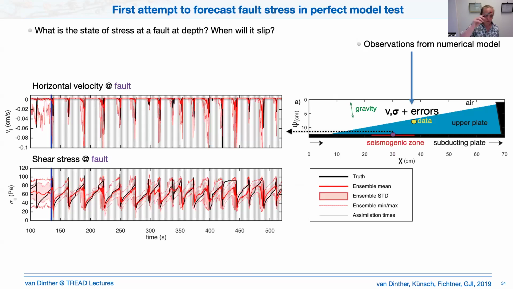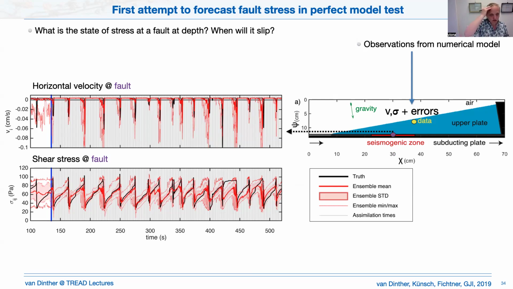And we can do that over many, many steps in time that are shown on the left graph with each of the gray lines. So essentially, what is it? 10, 15 times in an interseismic period, we're adding information into the model from that point at the surface.